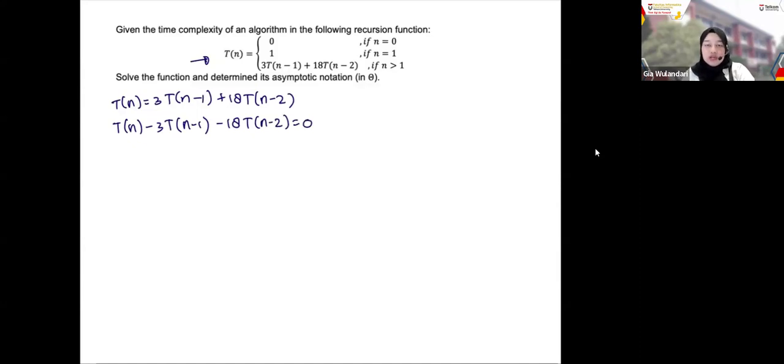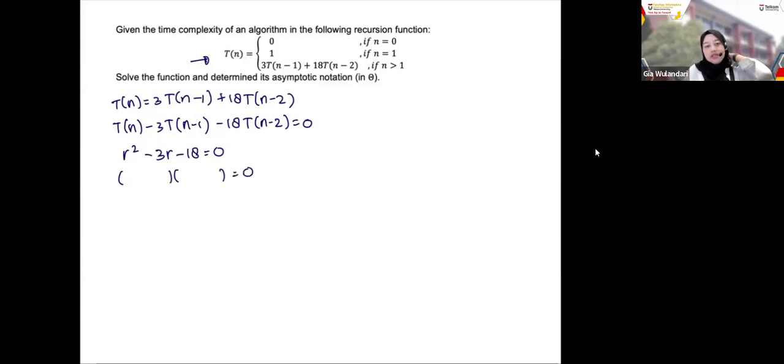And using the characteristic equation, we have r square minus 3r minus 18 equals 0. Then we need to solve this characteristic equation. We can use any method you like.